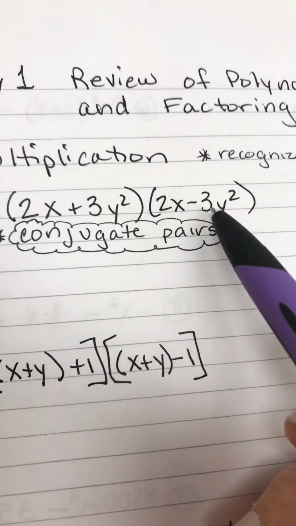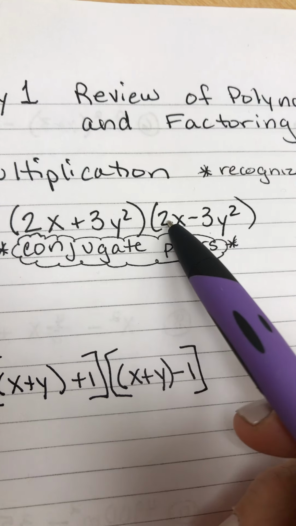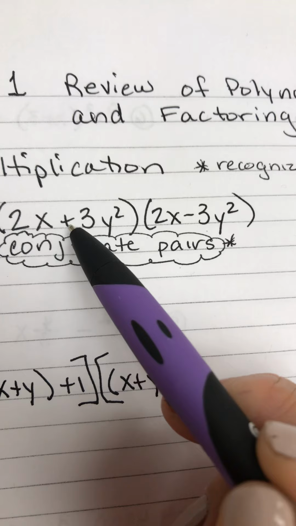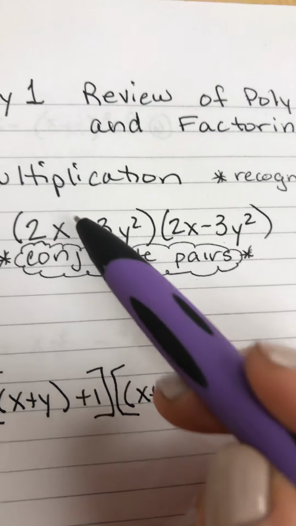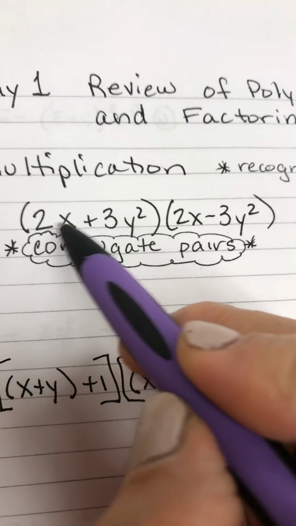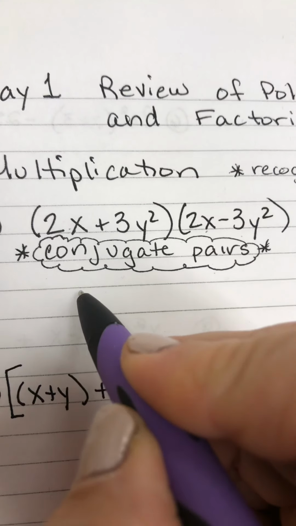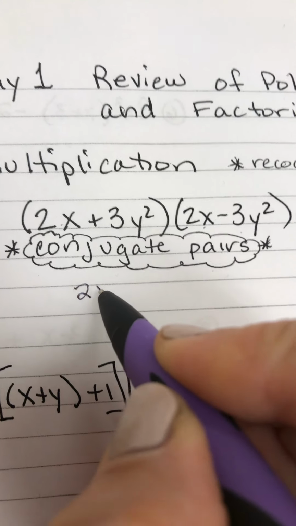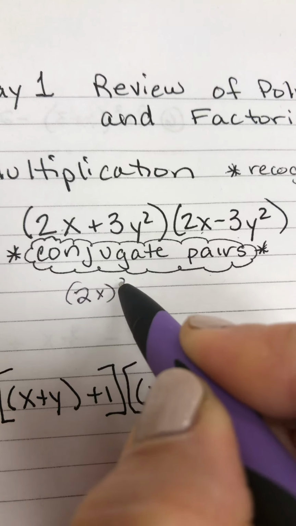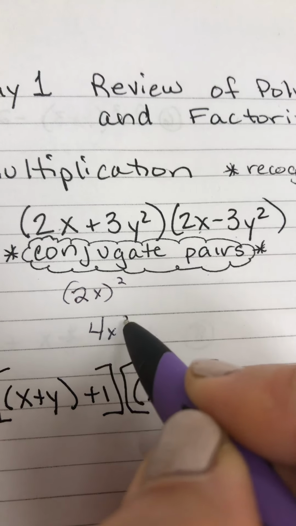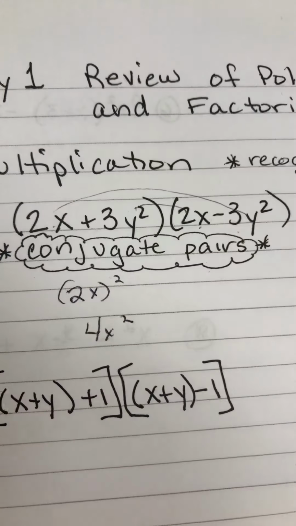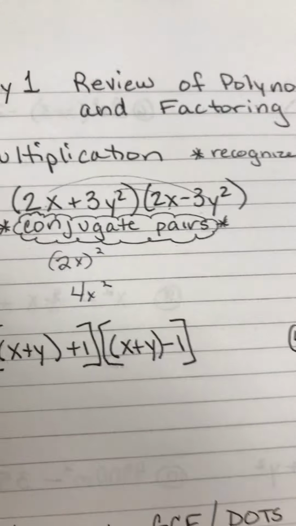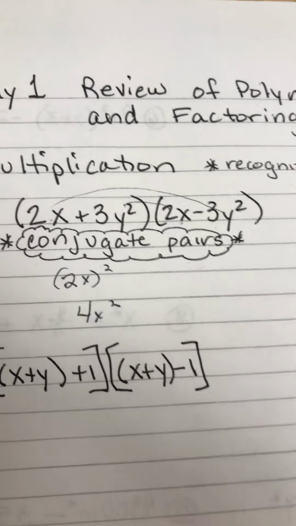The first shortcut is conjugate pairs. We know if they're conjugate pairs, they are identical, but one's a sum, one's a difference. If you would have done FOIL or the box or distribution, the first two are just going to wind up being that number squared. So you get 4x squared, right? If you would have done outer and inner, you'll notice they are additive inverses.